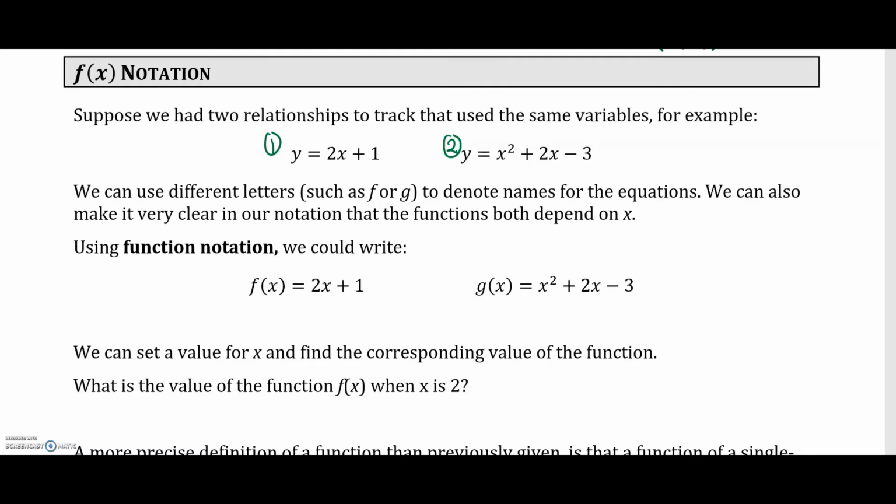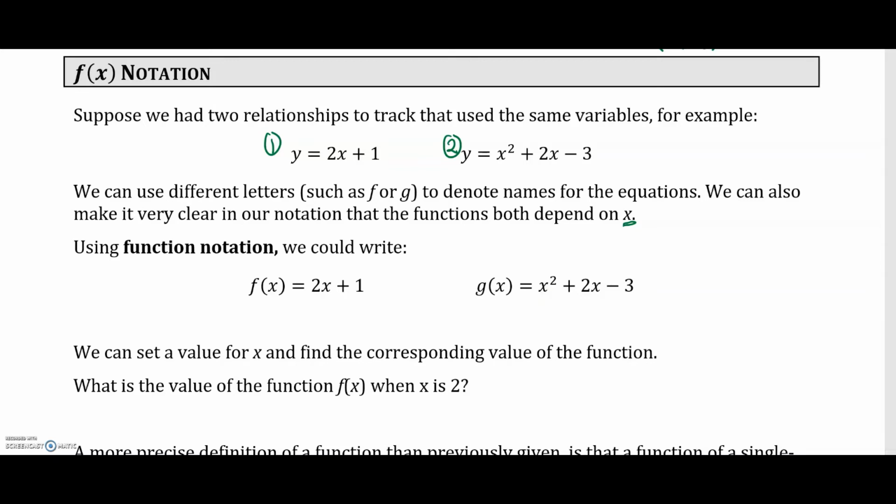And we also see that it makes it very clear in our notation that the functions both depend on the same independent variable x. So using function notation, we can write that f of x is equal to 2x plus 1, and g of x, our second relationship, is equal to x squared plus 2x minus 3.